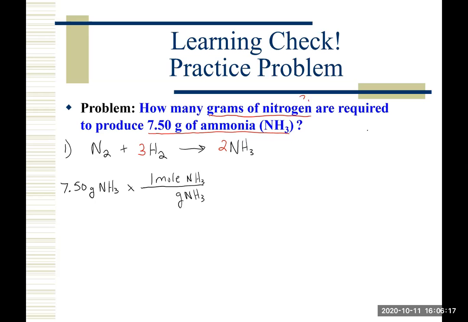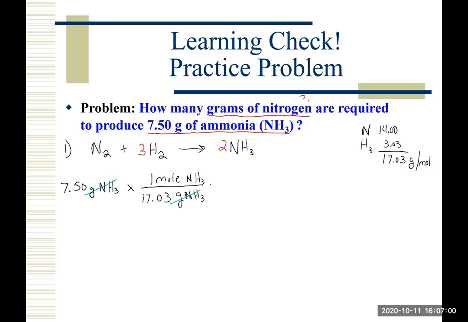And so we know that nitrogen is 14.00 atomic mass units, and we have 3 hydrogens, and so that's 3.03 atomic mass units, giving us 17.03 atomic mass units, which we know converts directly into grams per mole. So our grams per mole, we already have the molar part in the numerator. We put the grams part in the denominator here. And we can see that we're going to cross-cancel grams of NH3.